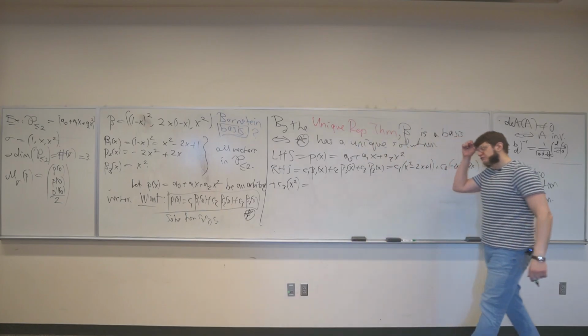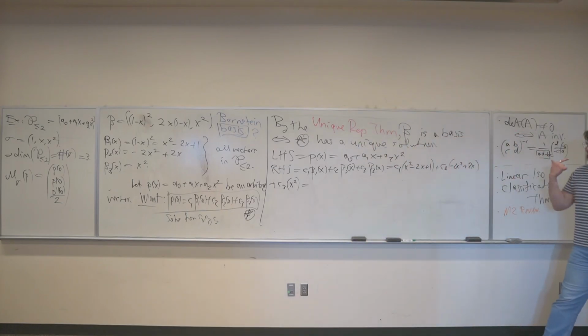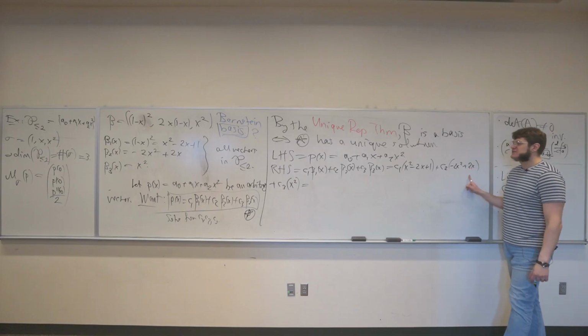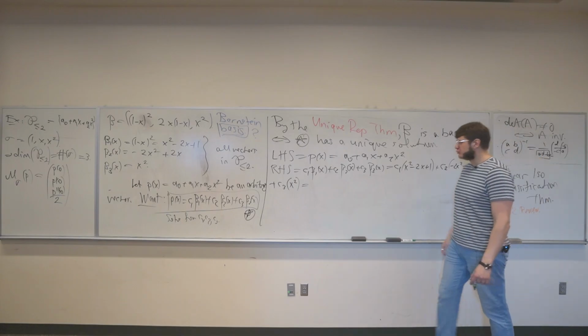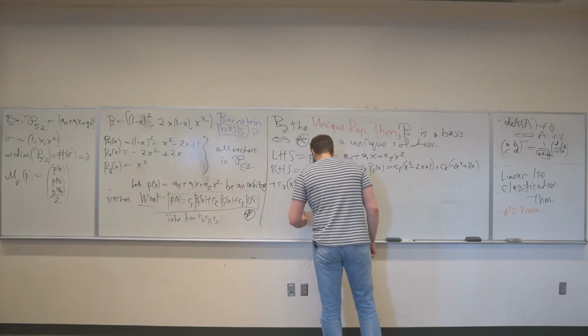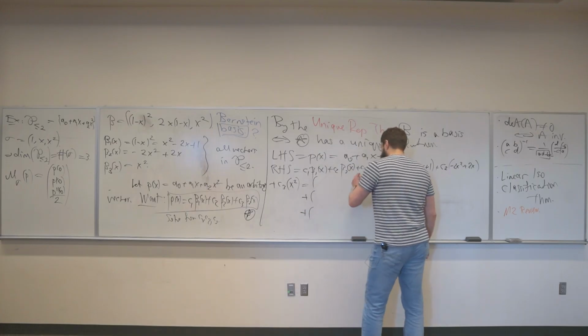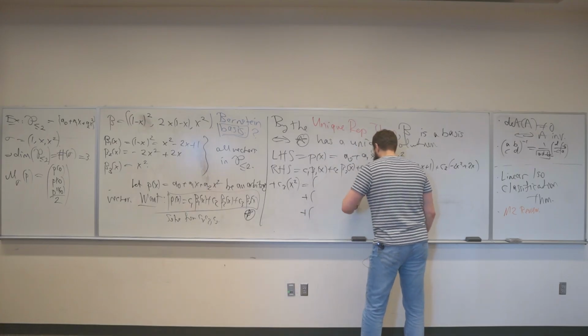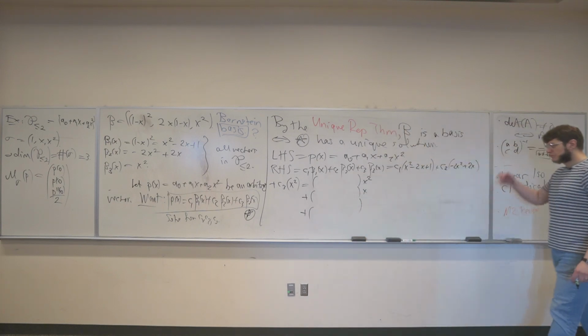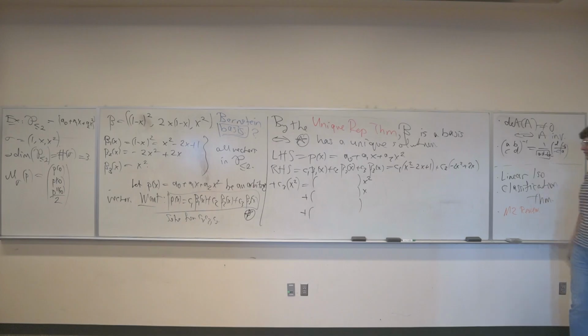Okay, so now we need to expand everything and consolidate. I know ultimately I'm going to have a constant term, a term linear in x, and a term quadratic in x. This is the x squared term, this is the x term, this is the constant term. Now collect the terms.